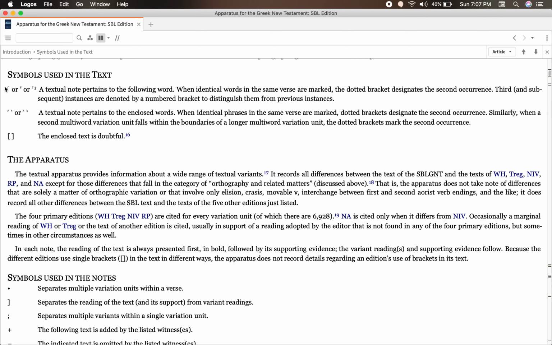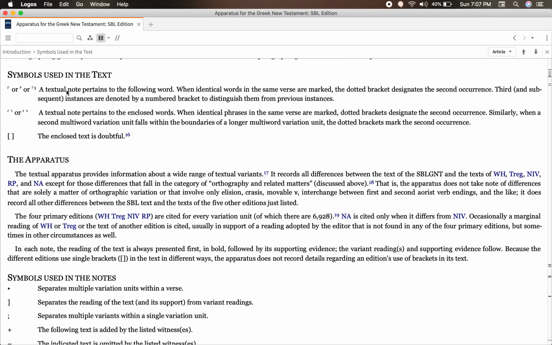But for now, we're going to start slow, and we're just looking at these 3 types of symbols here, and these are going to explain to us, when we run into them in the SBLGNT, what type of variant it is, and these little brackets here tell you that it pertains to the following word, and basically that's what the apparatus is going to do.